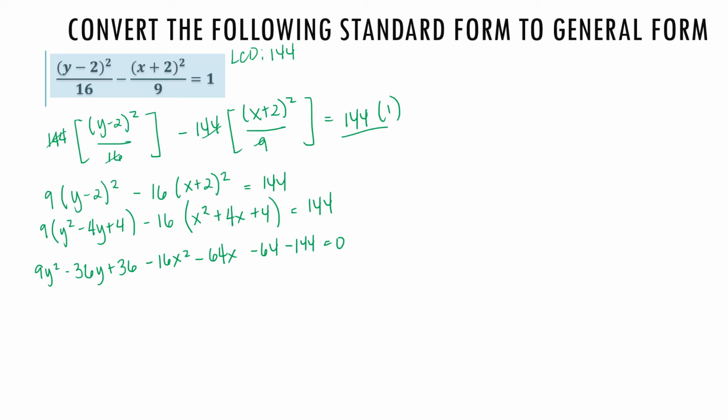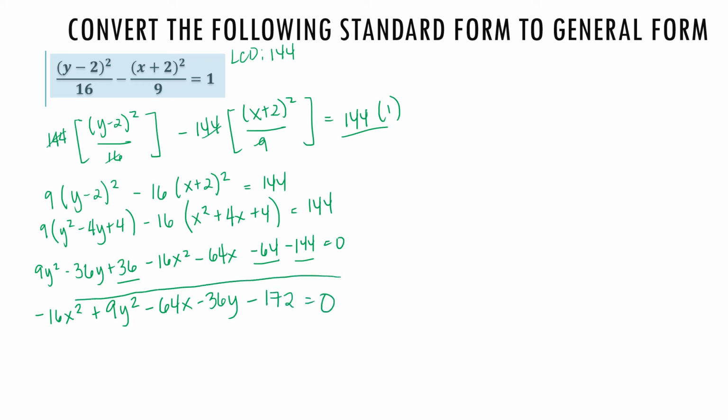So, unahin natin yung x squared. We have -16x^2, and then the y squared, 9y^2, and then the x, -64x. The y, -36y. And then simplify all the constants: 36 - 64 - 144 is -172. This is the general form of the equation.